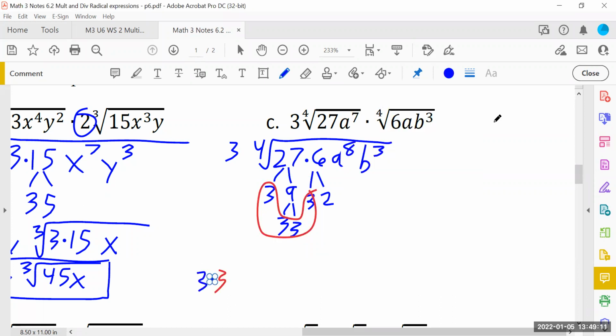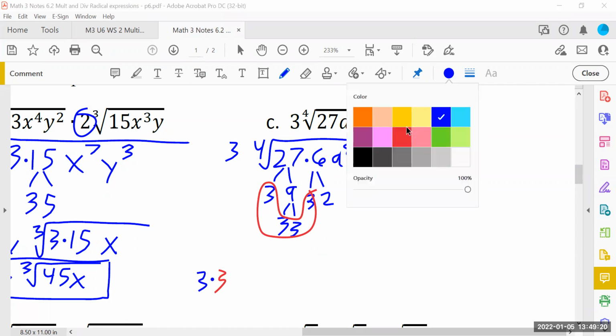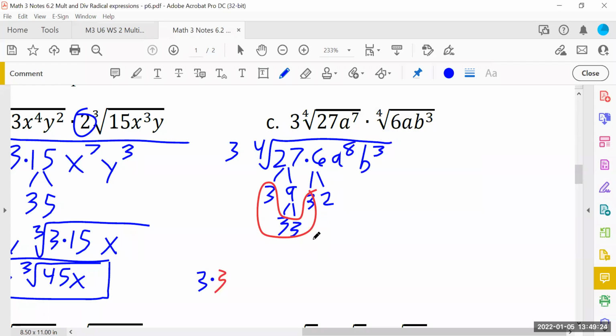So 3 times 3 on the outside. Then the A's. Oh, no, before we go any farther, let's put that 2 that was still inside the 4th root. Let's not forget about that one. 4th root of 2. A's, I have 8 of them. That's 2 sets of 4. Does that make sense? So an a squared on the outside.